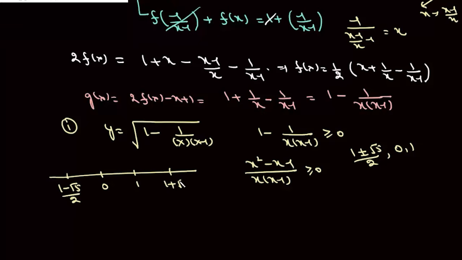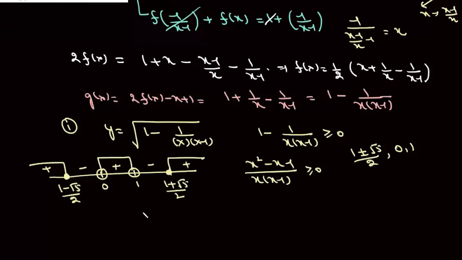and then (1 plus √5)/2. This is plus, minus, and plus. And we do not include denominator roots, whereas numerator roots will be included and need plus sign. So it'll be this interval.